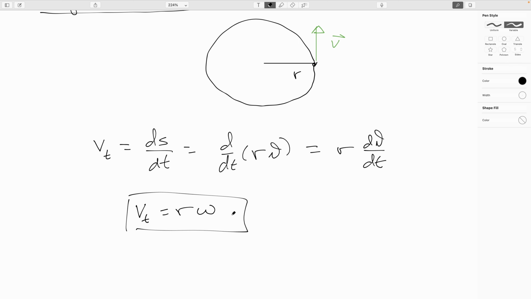Now just a quick side thing here. When I'm writing my angular velocity here, this is not a W. This is actually a Greek letter omega. And the way you would draw a Greek letter omega, if we go back to that special paper that we were all using in second grade, like so.